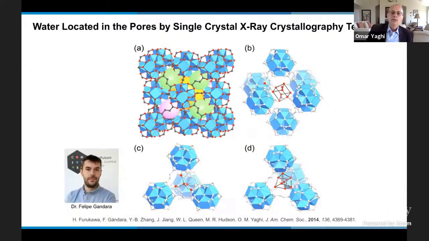You can use single crystal X-ray diffraction and neutron diffraction techniques to look deeply in the pores of the moth and locate where those very first water molecules reside in the structure. And then we look at their interactions with the structure.